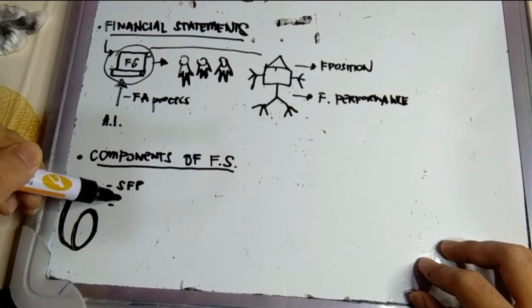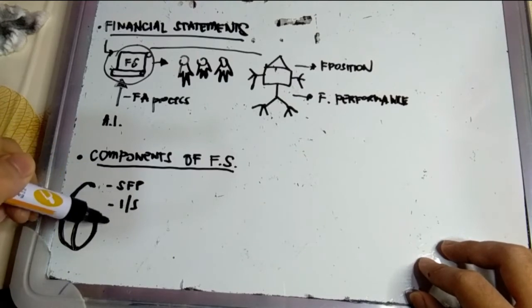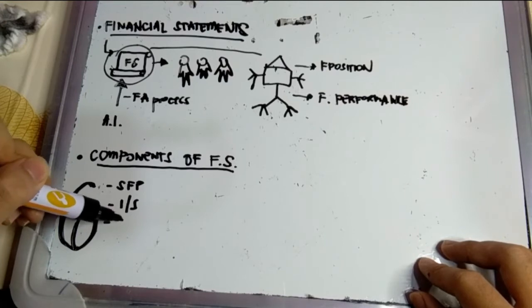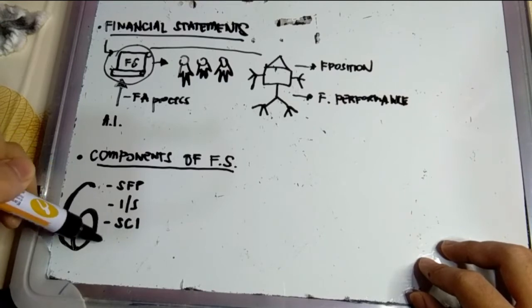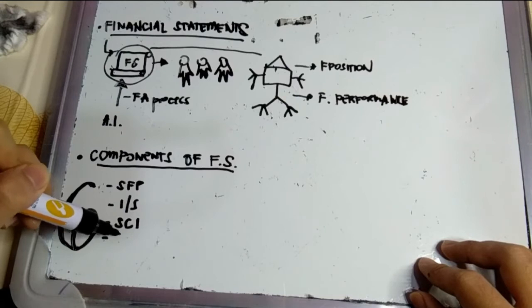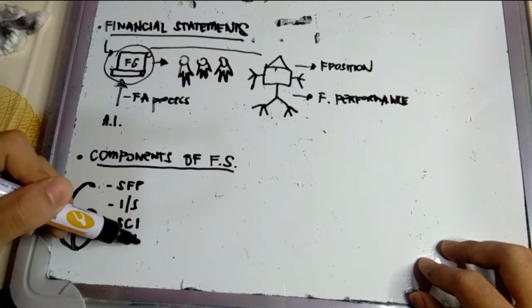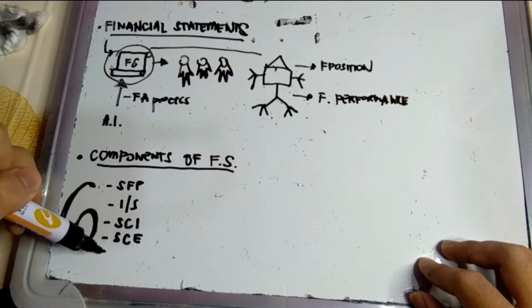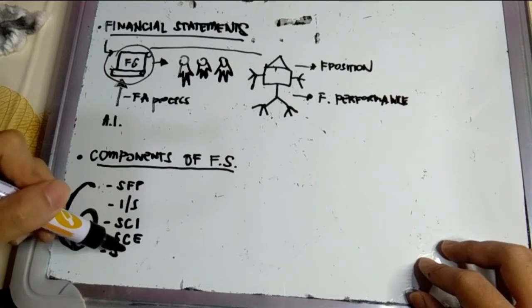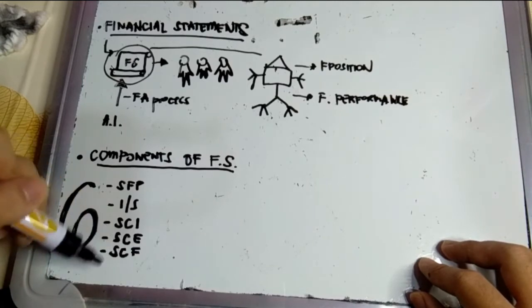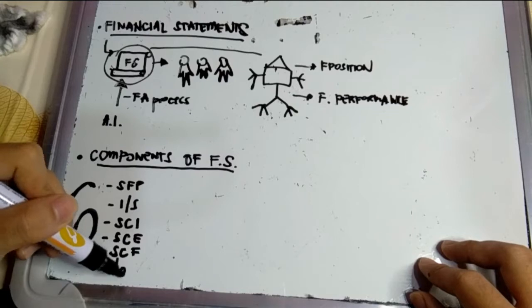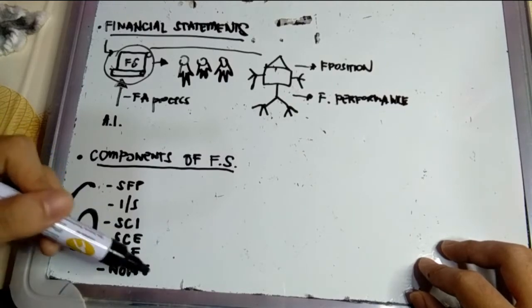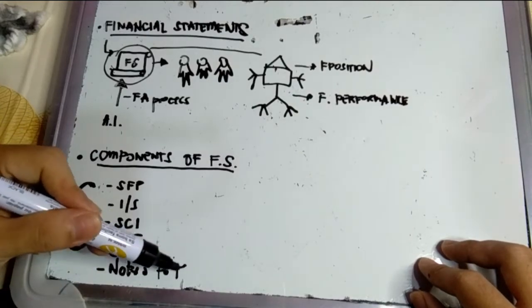Pangalawa, income statement. Pangatlo, statement of comprehensive income. Pang-apat, statement of changes in equity. Pang-lima, statement of cash flows. At pang-anim, ang pinakamahalaga sa lahat, ay ang notes to financial statements.